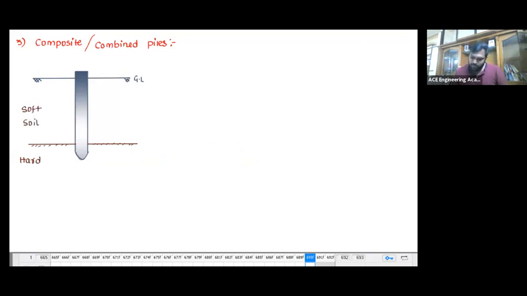Then when I apply the load Q, listen to me carefully, initially when a vertical load is applied, the pile will move vertically downward. Initially, friction will develop along the sides, between the soil and pile. Slowly, whatever friction developed will get mobilized.